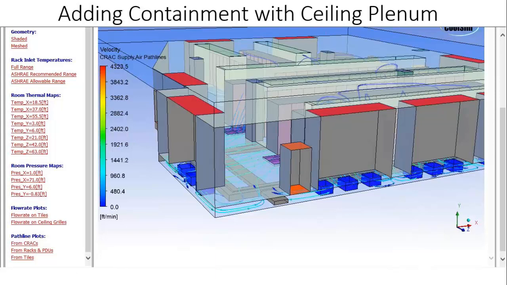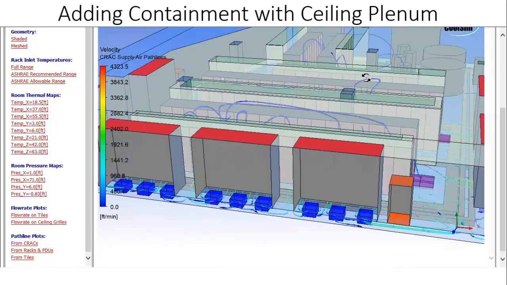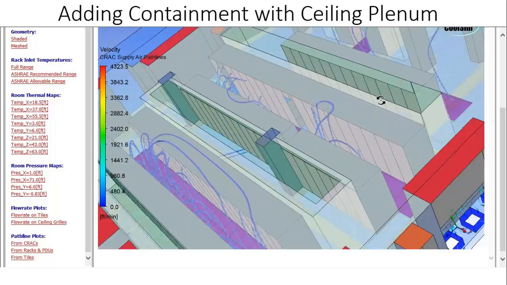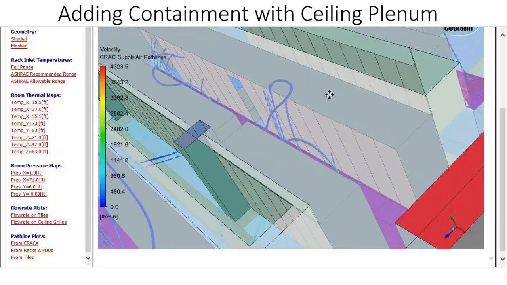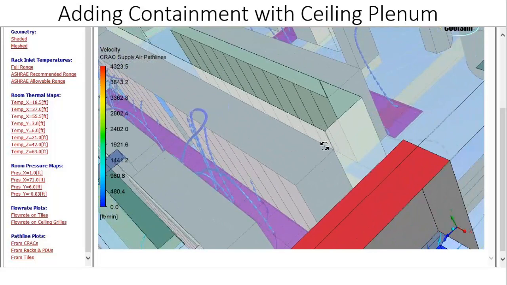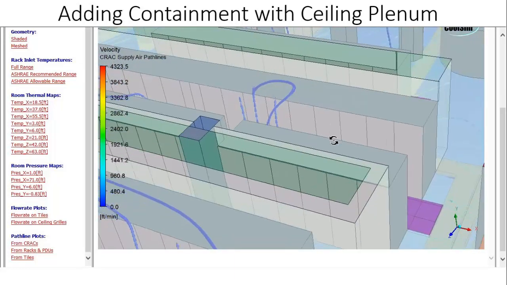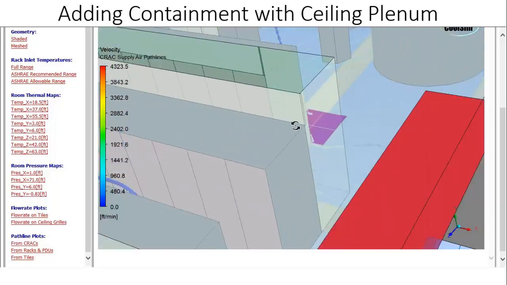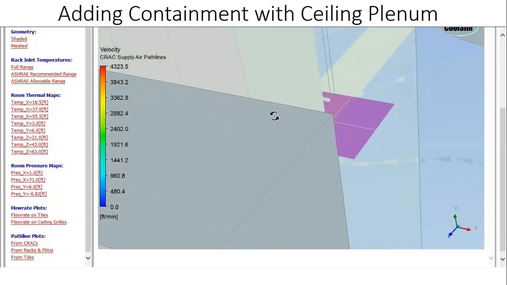It could just be blanking panels or something, either above floor or under floor. It kind of goes to the mantra: you do whatever it takes, cheaper, better, faster, to make things work, typically before you do the heavy lifting of replacing cooling units and adding cooling units and things like that.